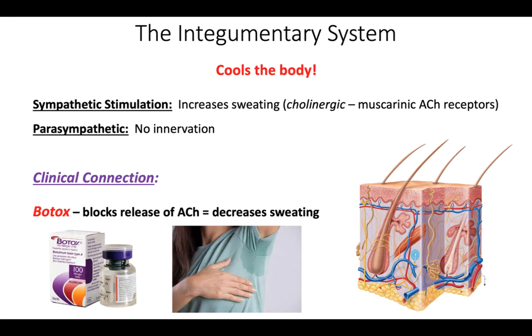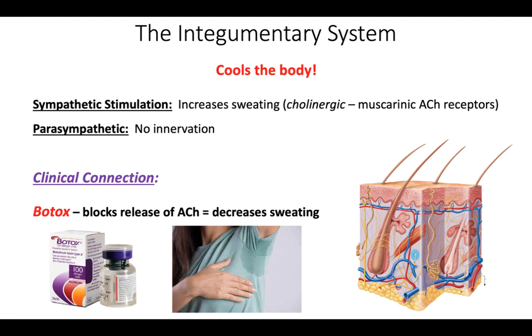So the first one we're going to look at happens to be in the integumentary system. So this is a system we've done. And then we're going to look at sweat glands. So if you remember this drawing, that's a sweat gland down there. It has sympathetic neurons going to it. It actually does not have parasympathetic.